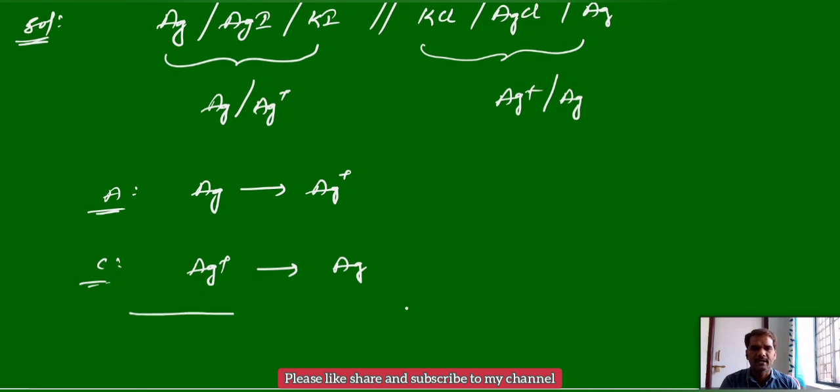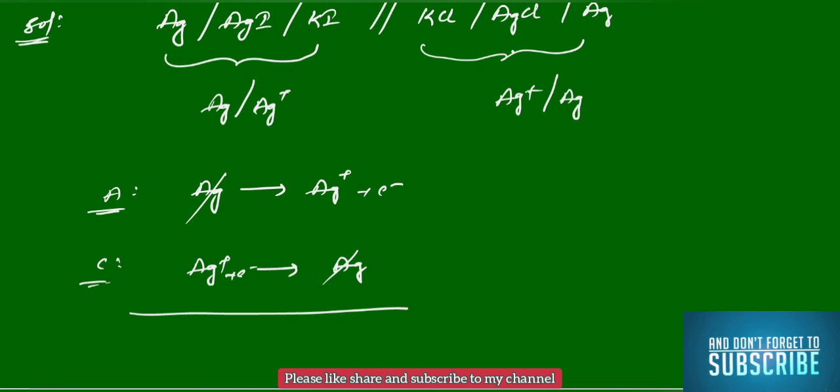Now the overall cell reaction. One electron here, also one electron. So the number of electrons involved is the same. Ag same. But this Ag plus we cannot cancel out. Why? Because here the concentration of Ag plus and here the concentration of Ag plus is different. The Ag plus ion concentration coming from the anodic cell, and the Ag plus concentration from the cathode, that we have to calculate.